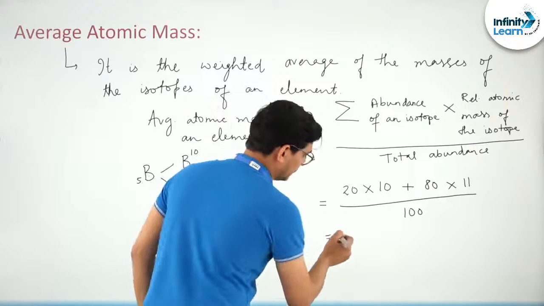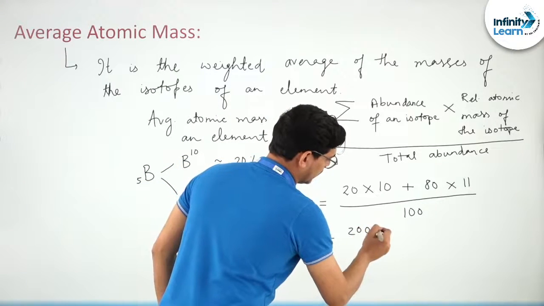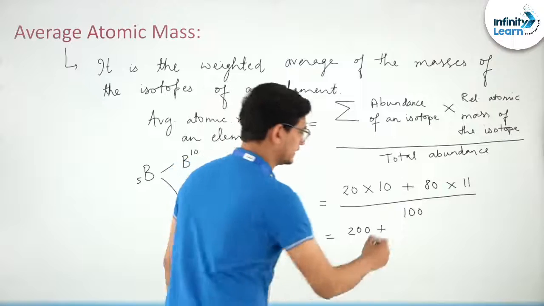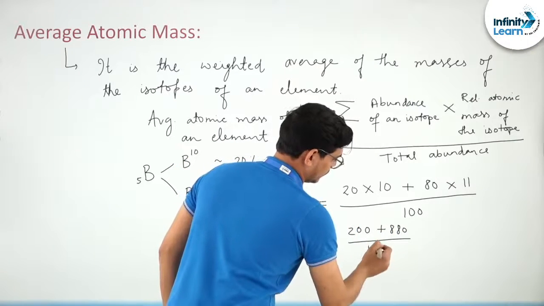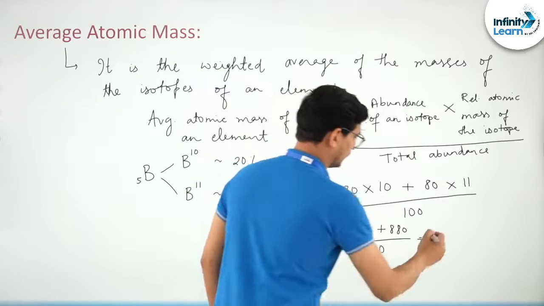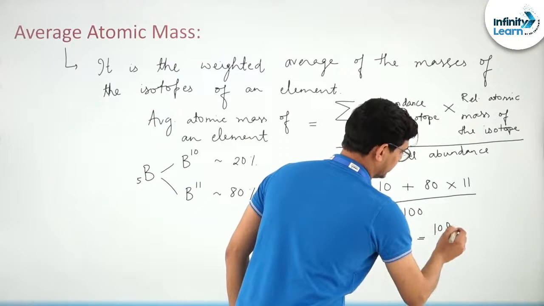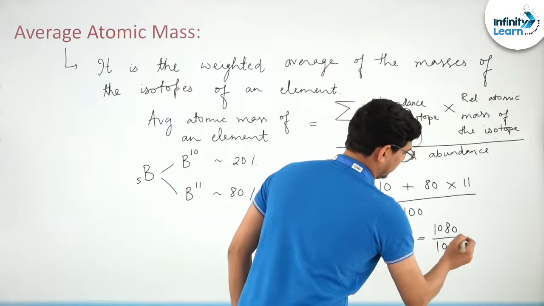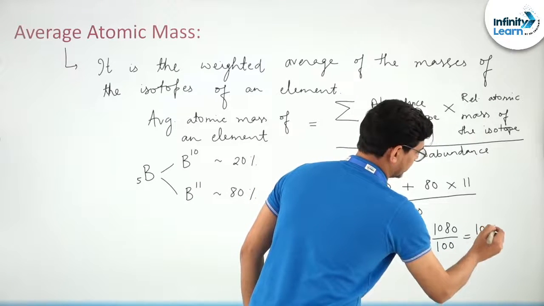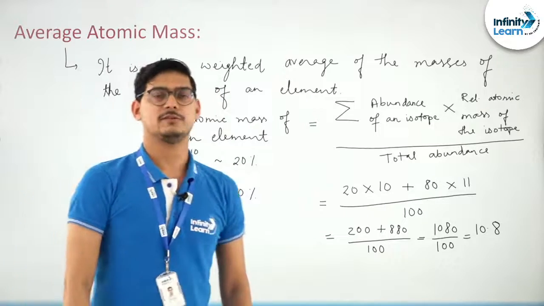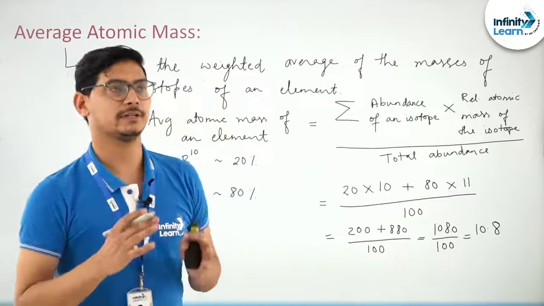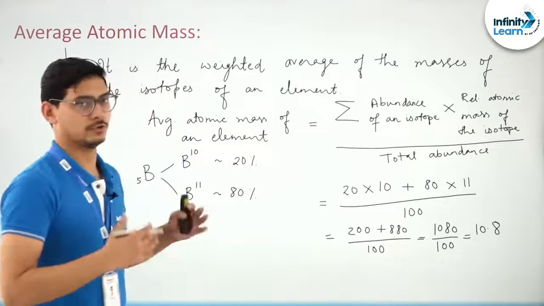So this comes out to be 200 and this comes out to be 880. This is equal to 1080 divided by 100, and this gives us 10.8. So average atomic mass of boron is 10.8 AMU or u.